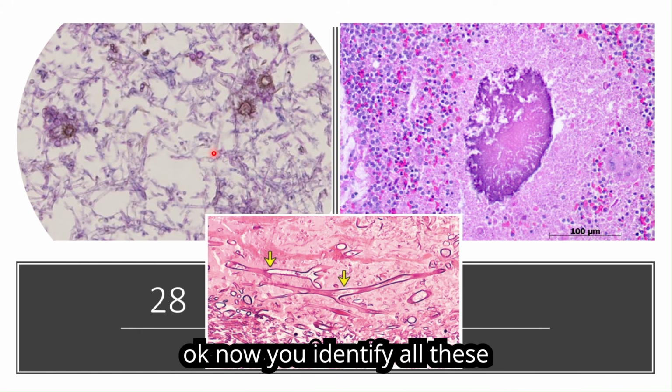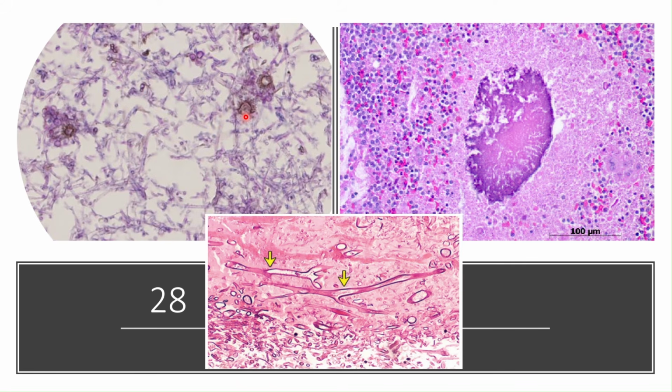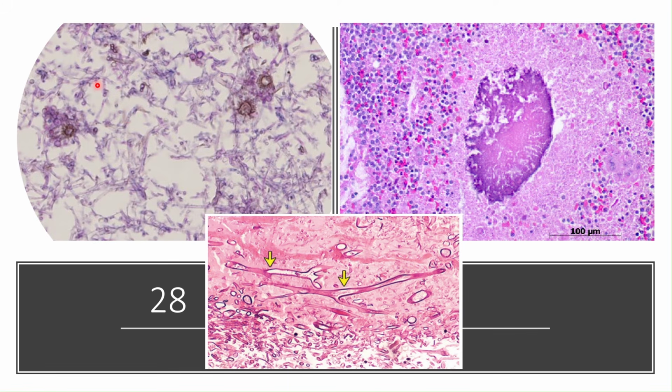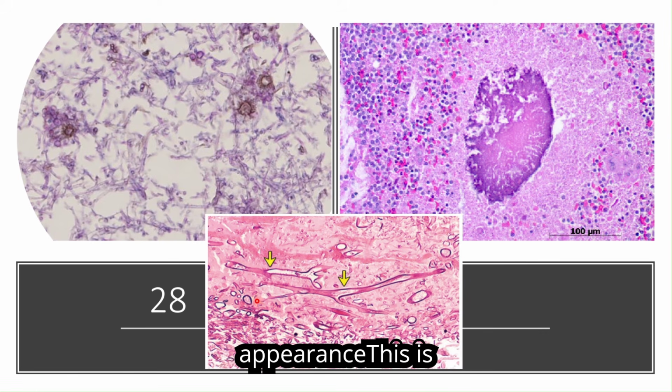Okay, now you identify all these three slides. See, this is a fungal infection, aspergillosis: fruiting body and hyphae having acute angle. Here is actinomycosis, cotton wool appearance.